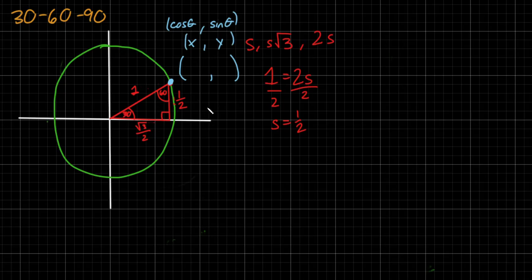How far over did I go in the X direction? What about my Y value, Kennedy? How much should I go up? So I went over square root of 3 divided by 2. How much should I go up? 1/2. Perfect. You just found another point on a unit circle.